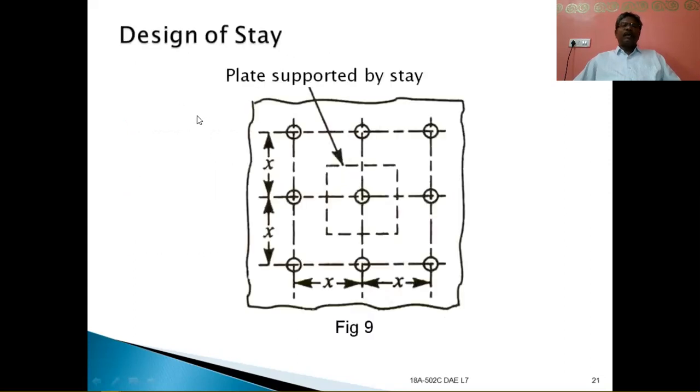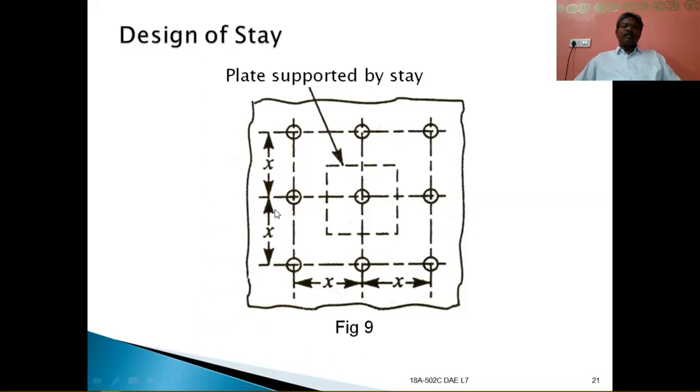So let us see the design of the stay. This is the supporting plate, which is going to support the boiler plate. And here are the boiler stay points, and this is the distance from one to another.